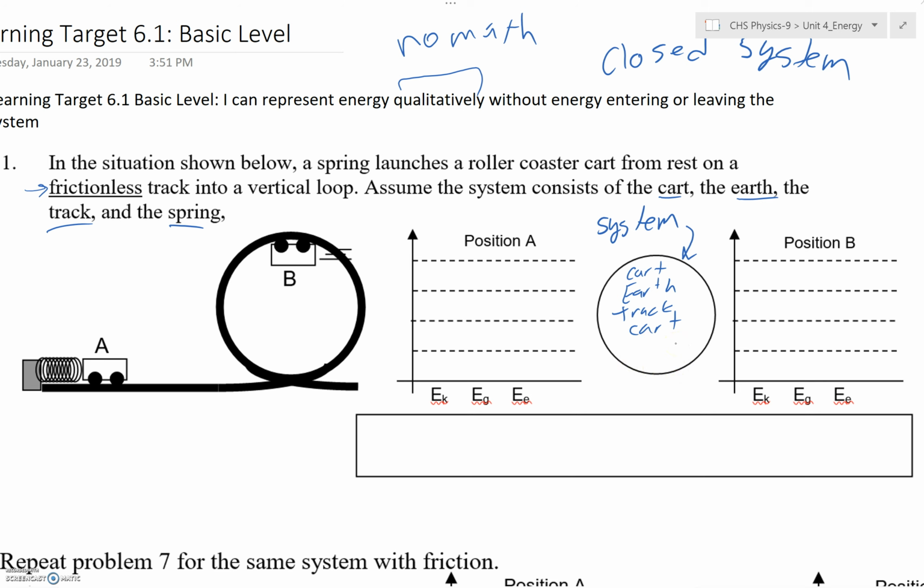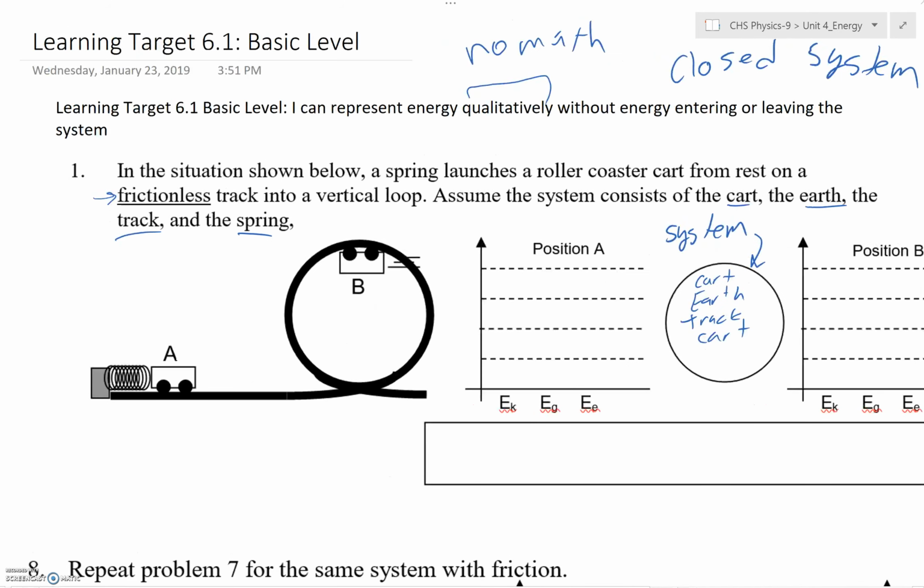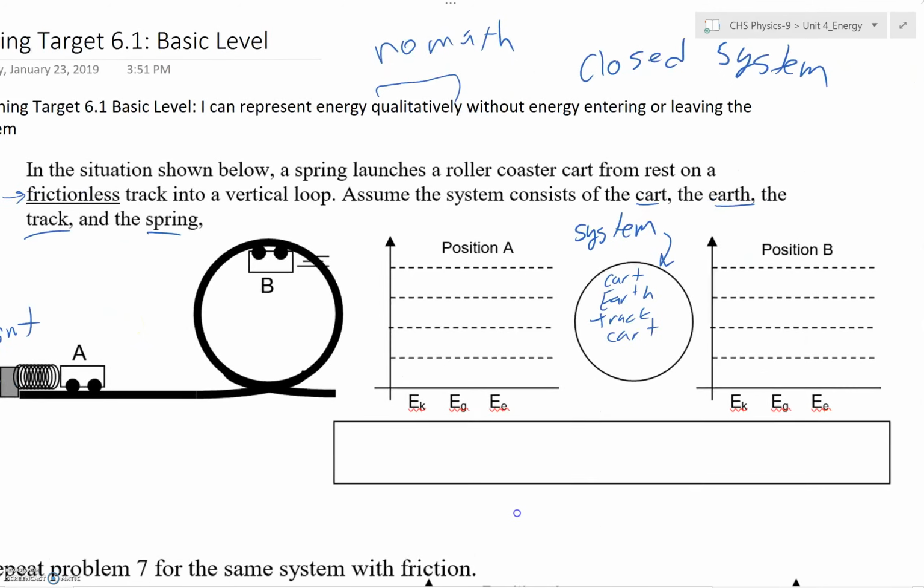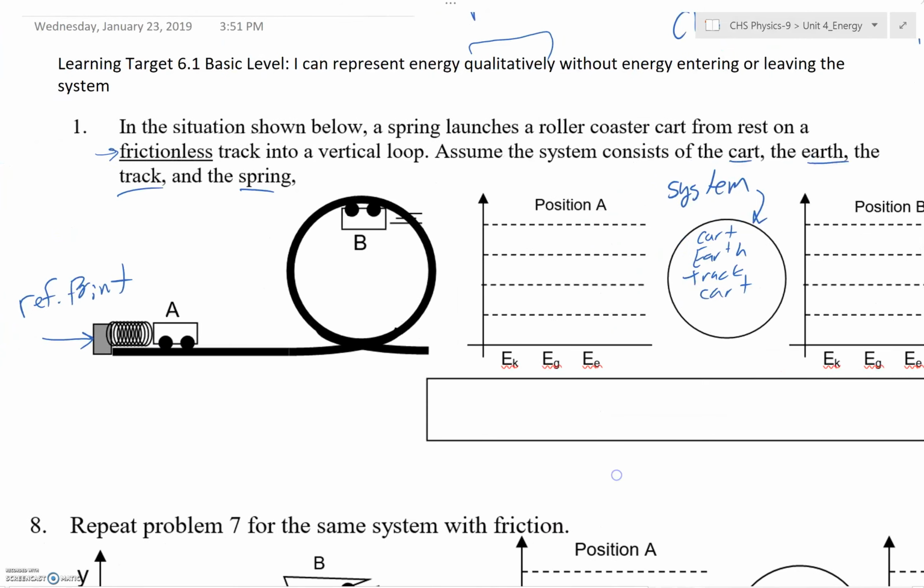Next thing you have to do is set your reference point. I'm going to say the reference point is always going to be the lowest part of your system. In this case, that's right here. This is how we determine if there's gravitational potential energy. So at point A, since the spring is being compressed, that tells us we have elastic energy.